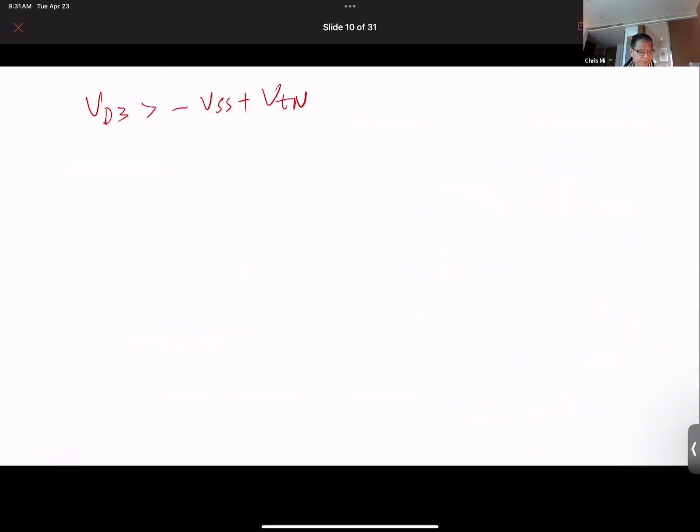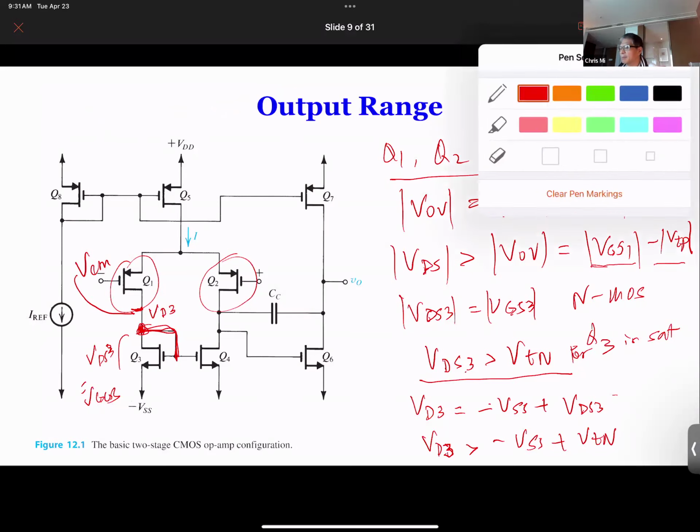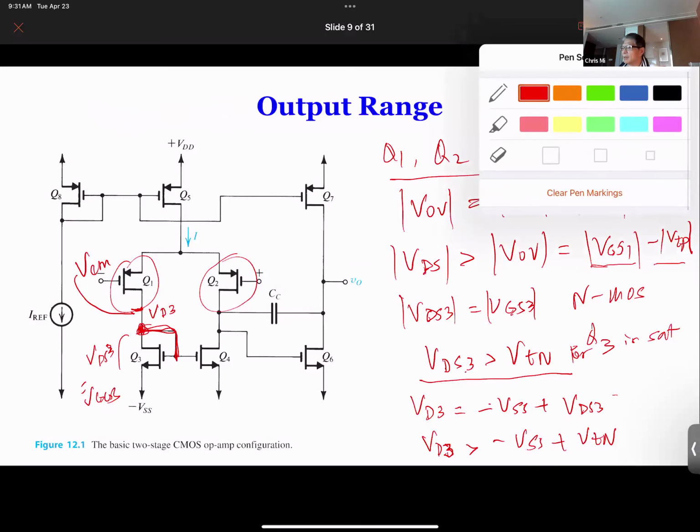VDS3, oh no, actually I missed something. So VDS3 has the VOV, VGS1, VTP, and VDS3 has to be larger. Oh, I'm sorry, I made a mistake here. Let me erase this.